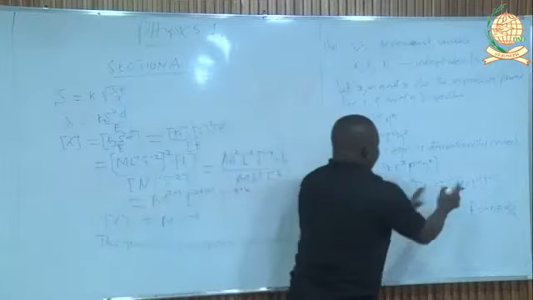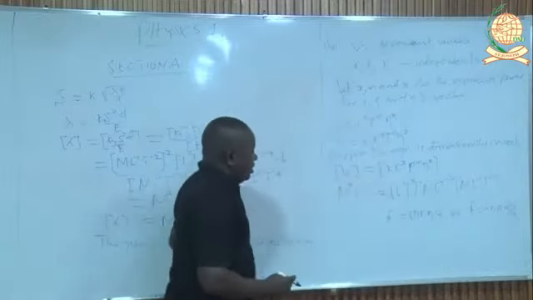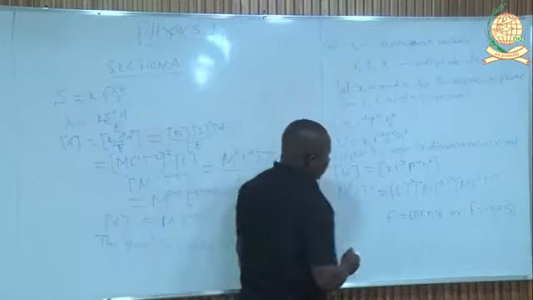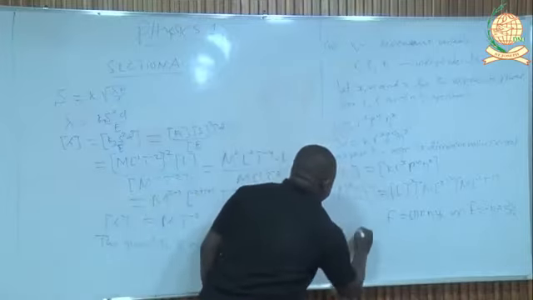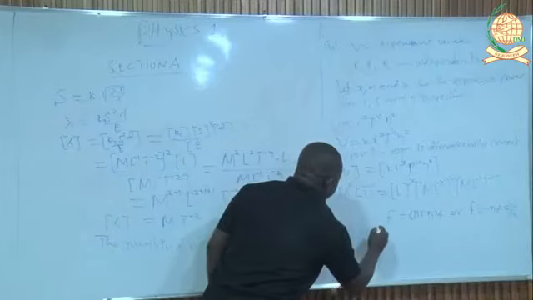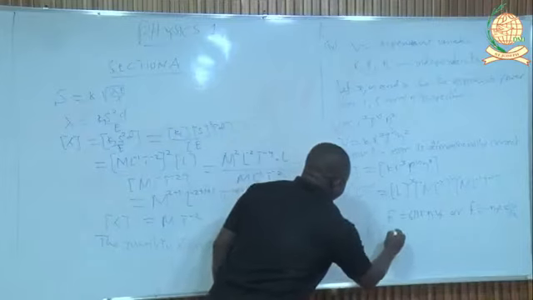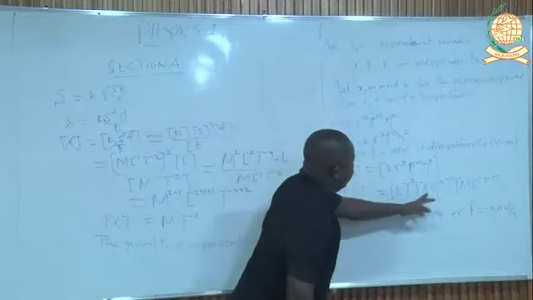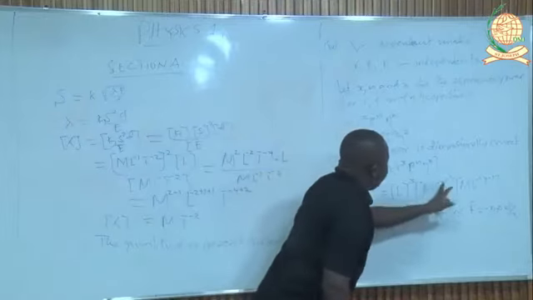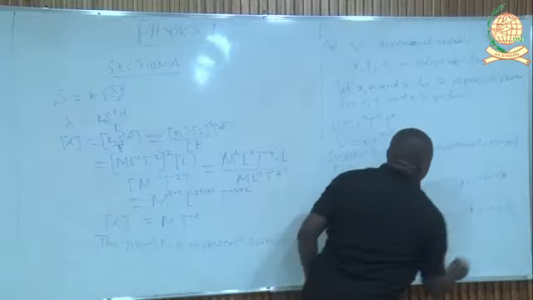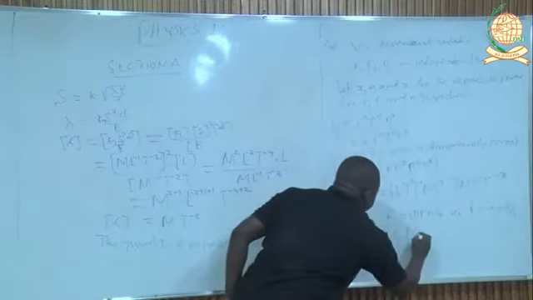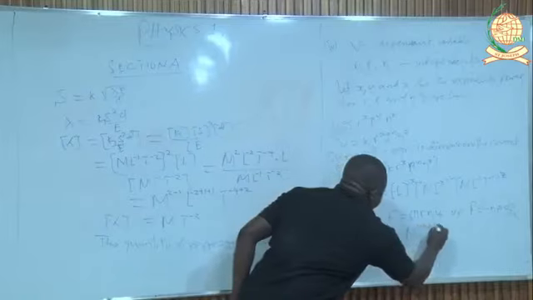After that, combine these variables together. That means M L T^-1 equals M^x... there are two M's, so M^(y+z).